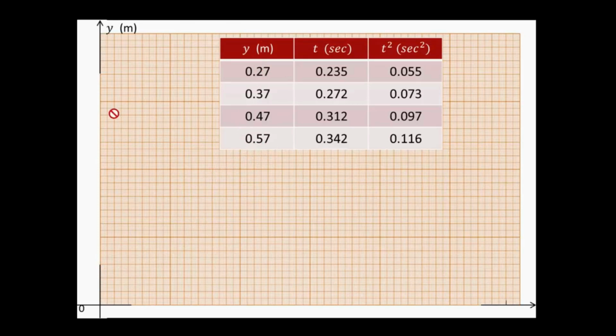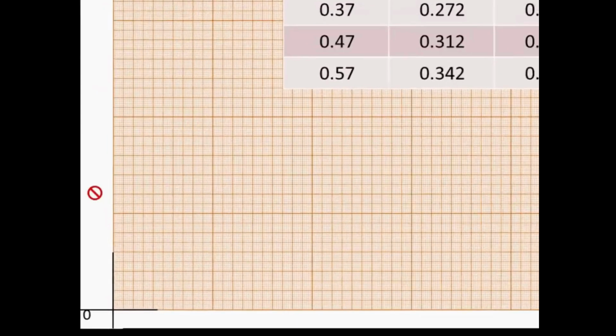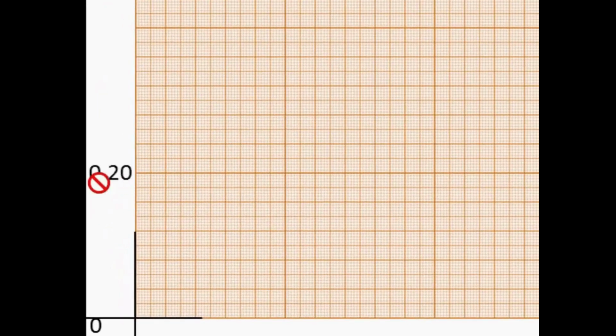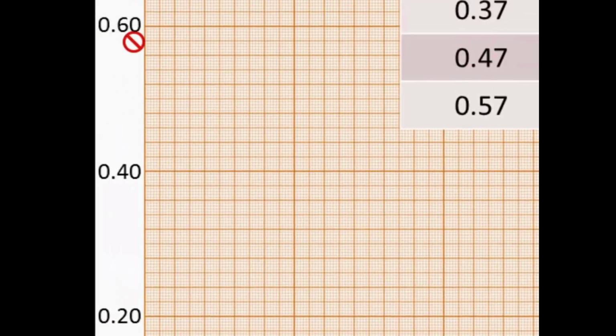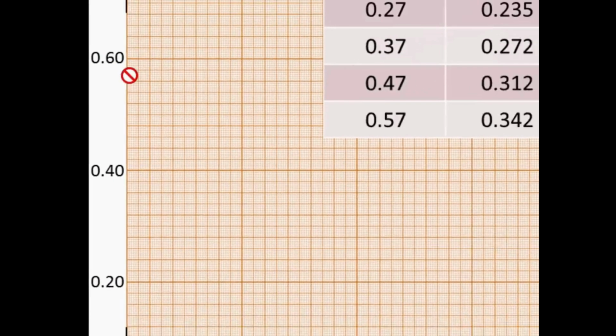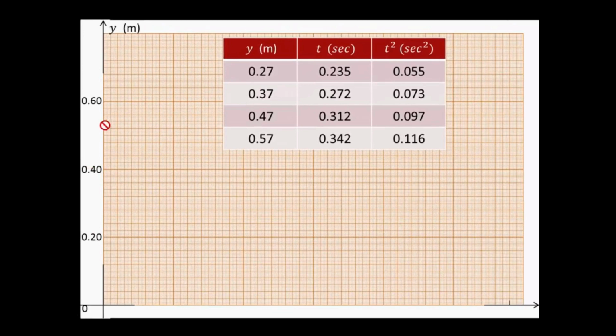We put the table in front of us, starting with the y-axis, and we notice the values are distributed from 0.07 to 0.75. We try to distribute these values on the y-axis, starting from 0.